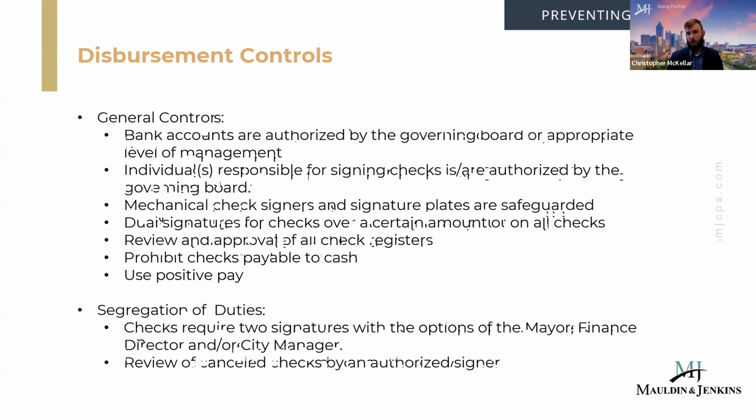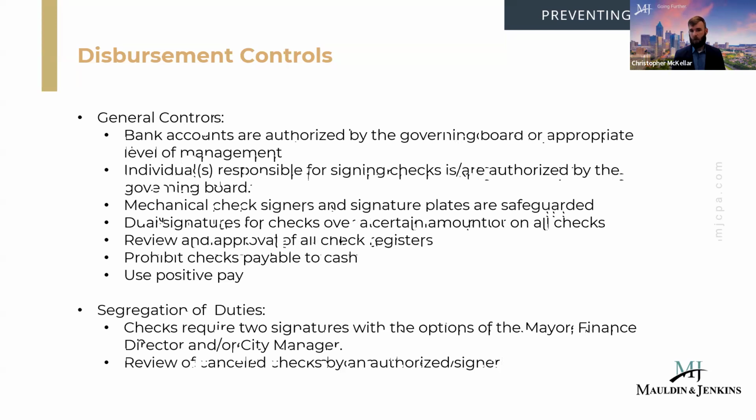It is important that the person signing the checks has the supporting invoices and that they are reviewing the vendor names and amounts with the supporting documentation. It's easy to set up a company that is very similar to a legitimate vendor's name to misappropriate funds.